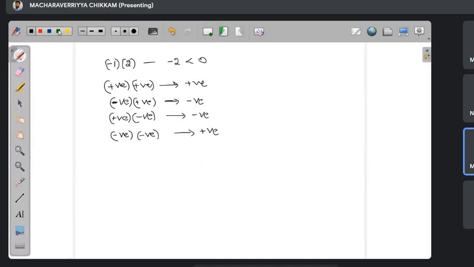Now what is our interest? We would like to know the interval where the sign change is occurring. It means f should move from positive to negative or negative to positive. So in that case, we do expect that either f of a is positive and f of b is negative, or f of a is negative and f of b is positive.